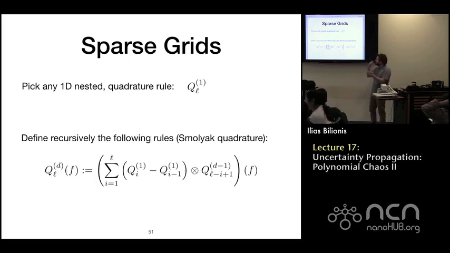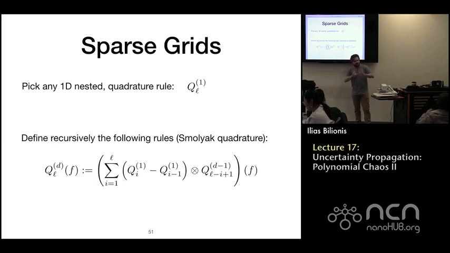First of all, you need a one-dimensional quadrature rule, but there is one requirement. It has to be nested. This is the one requirement. So if you double, let's say, the nodes of the quadrature rule, the new nodes must include all the old nodes and all the added nodes.